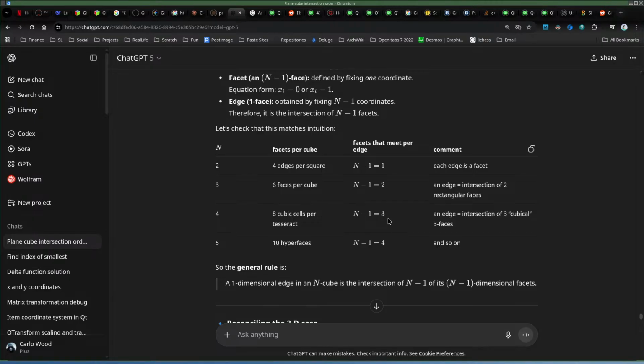if I'm cutting an n-dimensional hypercube with an n-1 dimensional hyperplane, and I already calculated, let's say, we already calculated the slice polytope that you get by intersecting the n-1 dimensional hyperplane with one of the facets of the hypercube.